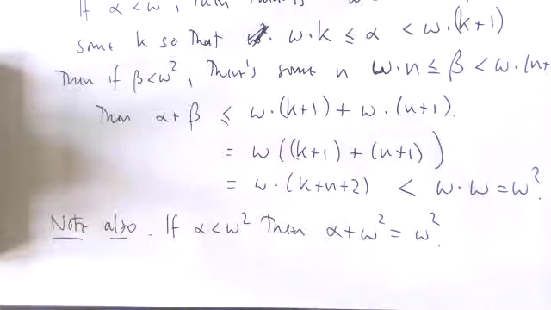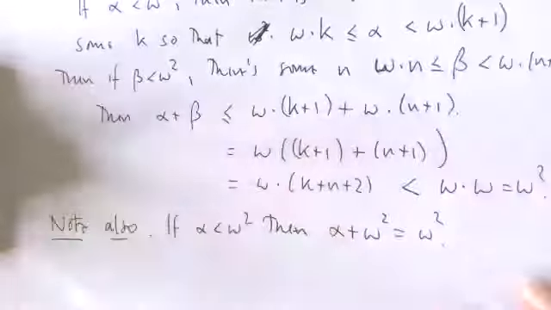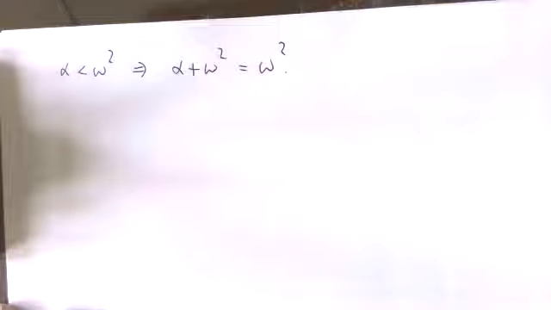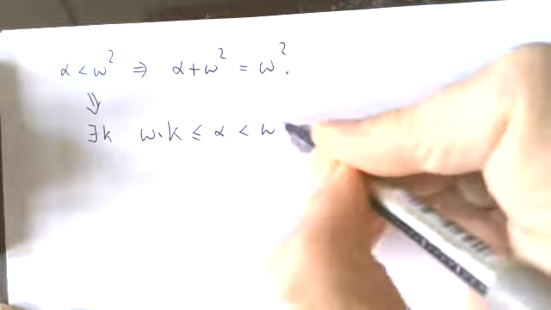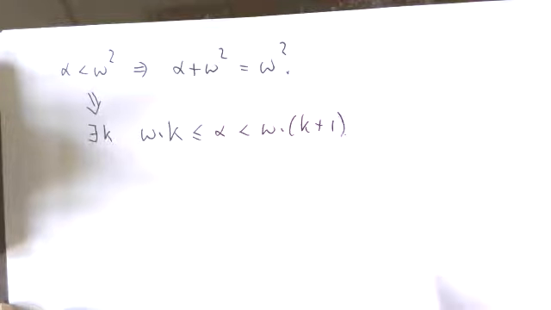I'm just getting some more paper. Let me write that out again. Because again, if alpha is less than omega squared, there is some k such that alpha is between the kth and the k plus first block in our picture.